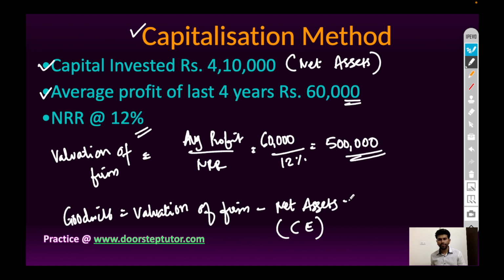Valuation of firm is 5 lakh minus net asset 4 lakh 10,000. The balance amount will be goodwill, 90,000 rupees goodwill.